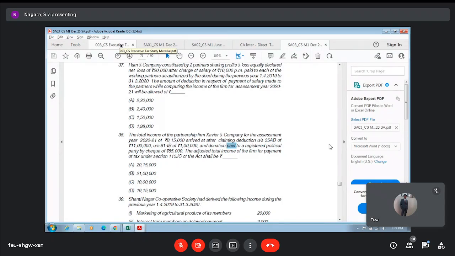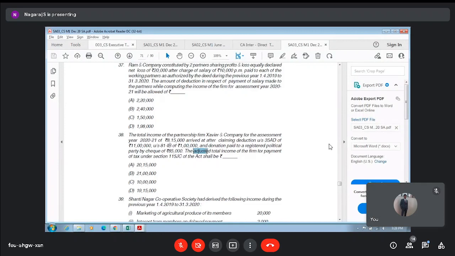For that, you have claimed the deduction on the income-based. That one. This will not come. Okay, what you need to add? For 8,15,000, you need to add 1 lakh and 11 lakh. Add these two. That means 12 lakhs you add. 15,000. 20 lakh 15,000, sir.